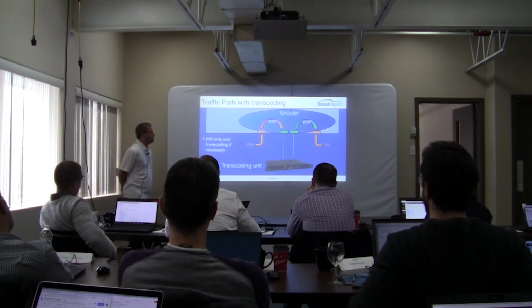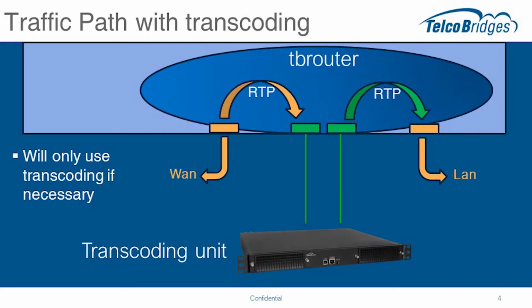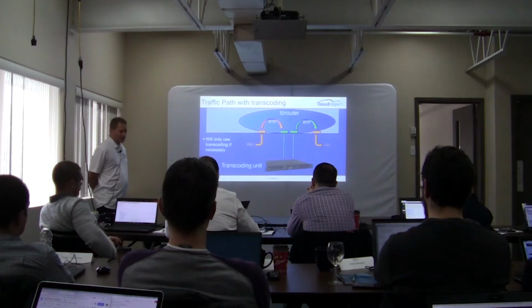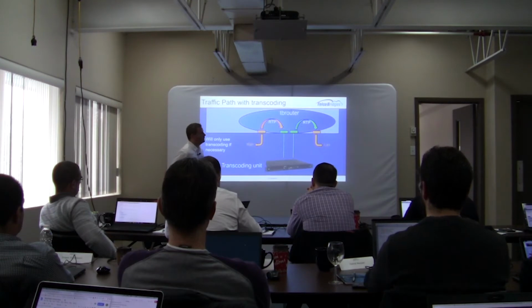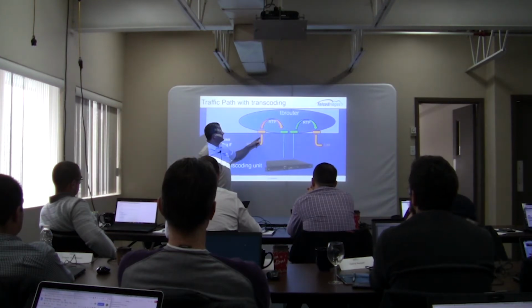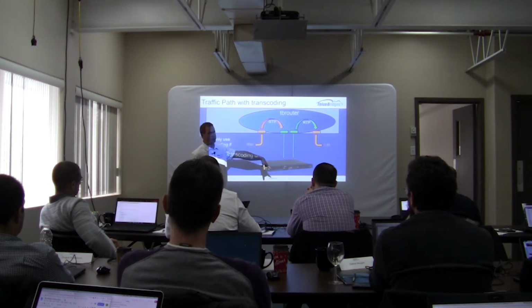Okay, then if we have transcoding, what happens is we receive the SIP call. In the SIP call, we try to match the codec so that there's no transcoding, but it happens that we need to do transcoding, and we have a transcoding unit available. What TBrouter will do is take this RTP traffic and send it out to the trans 0 and trans 1 networks.